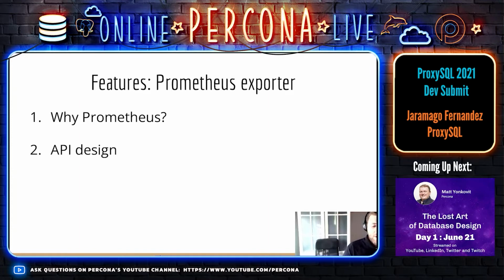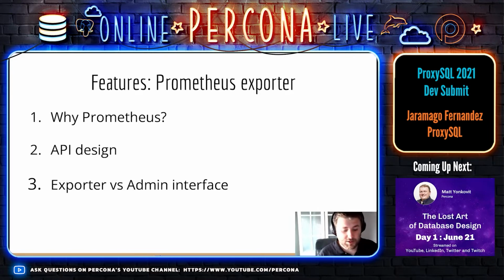This leads to a point that I want to address, which is the comparison between the exporter and the admin interface. Traditionally, all the metrics from ProxySQL, and also configuration, etc., are exposed through the admin interface, but it's important to take into account that the exporter is specifically designed for not introducing any locking or any extra work in the current ProxySQL working threads, while the admin interface is not designed with those considerations in mind.